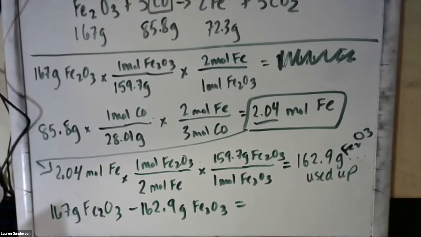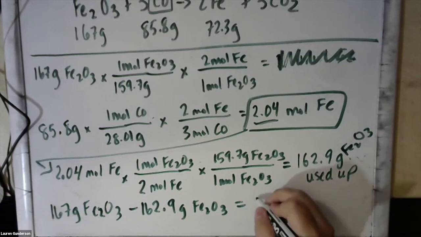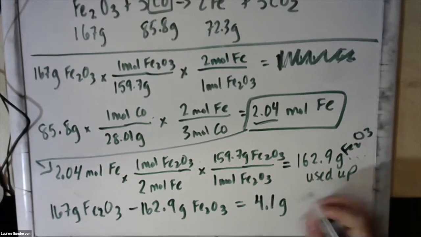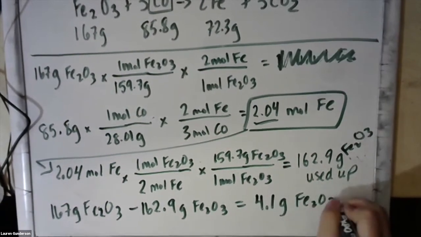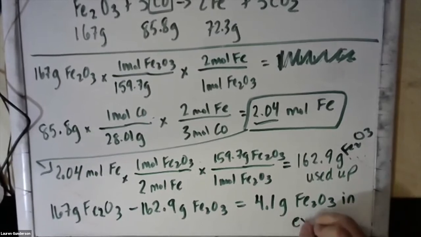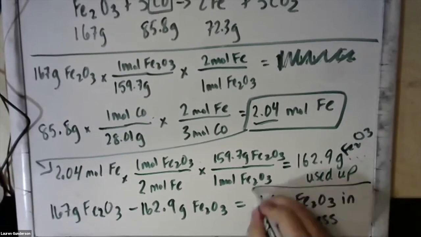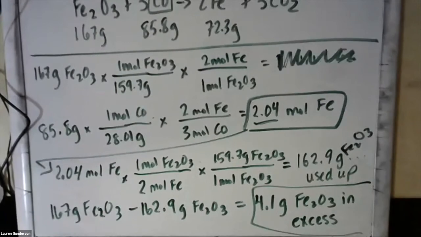And we have 4.1 grams of Fe2O3 left over in excess. Okay, that's all. When they say in excess, they mean the amount that's left over.